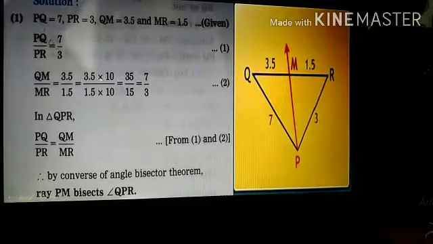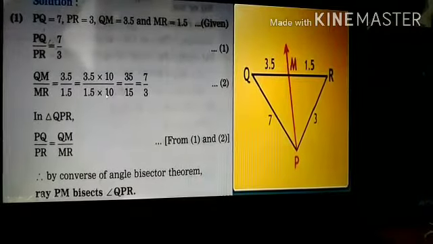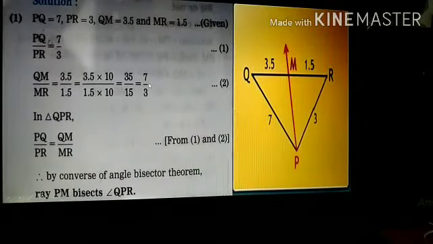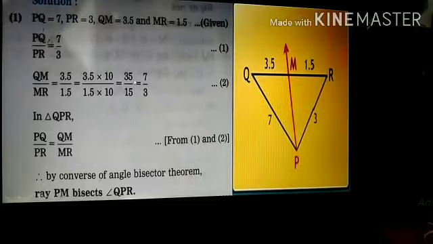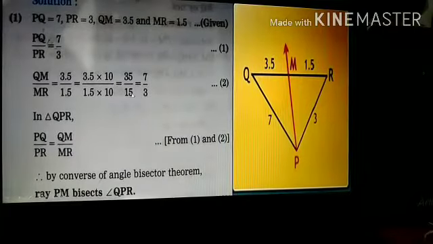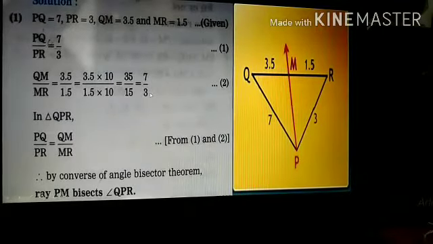To remove the point, we multiply the numerator and denominator by 10. So it will be 35 upon 15. 35 upon 15 is divisible by 5 table. So let us reduce it by dividing the numerator and denominator by 5. So 35 divided by 5, the answer is 7. 15 divided by 5, the answer is 3.